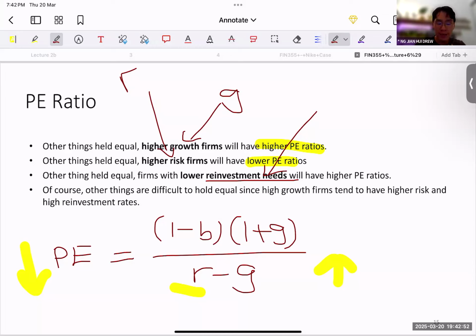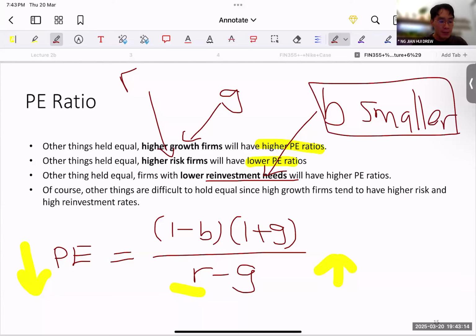Lower reinvestment need means you need to retain less, right? Yeah, smaller B, correct? So B is smaller. Okay, just want to take note, this B is smaller. So B smaller means this one is bigger, right? If this is bigger, P is bigger.